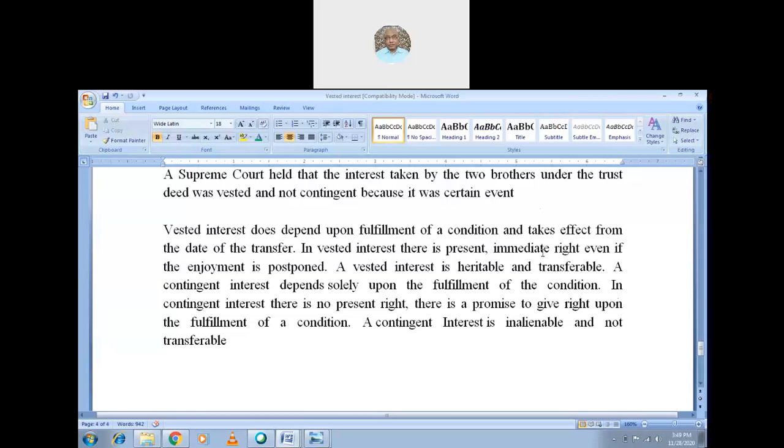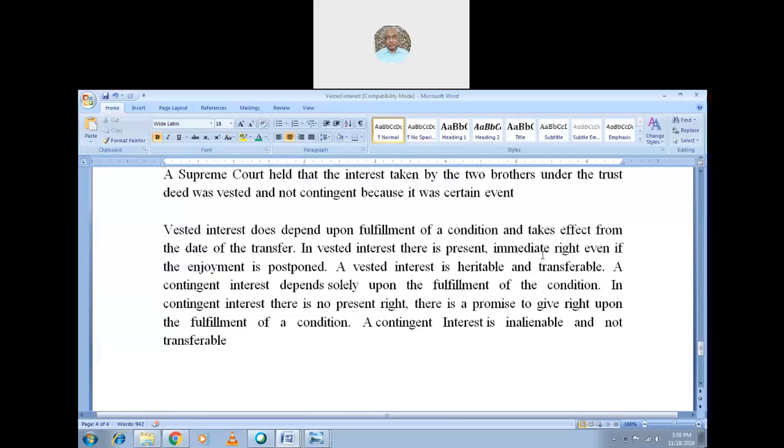A contingent interest depends solely upon the fulfillment of a condition. It may happen or may not happen. So in a contingent interest, there is no present right; there is only a promise to give a right upon the fulfillment of a condition. A contingent interest is inalienable, so one cannot sell it.